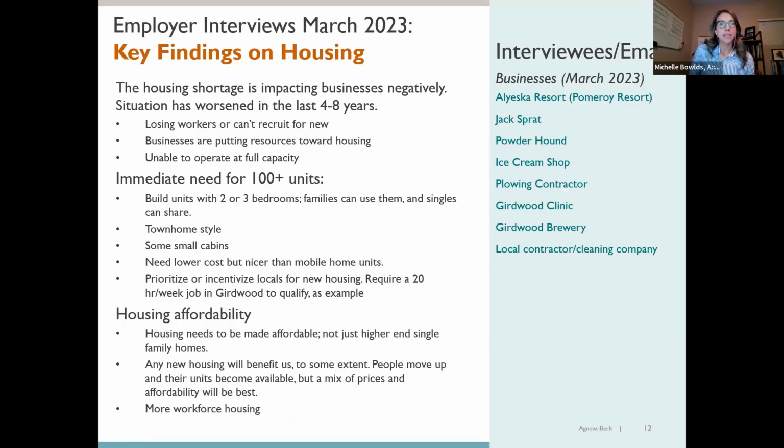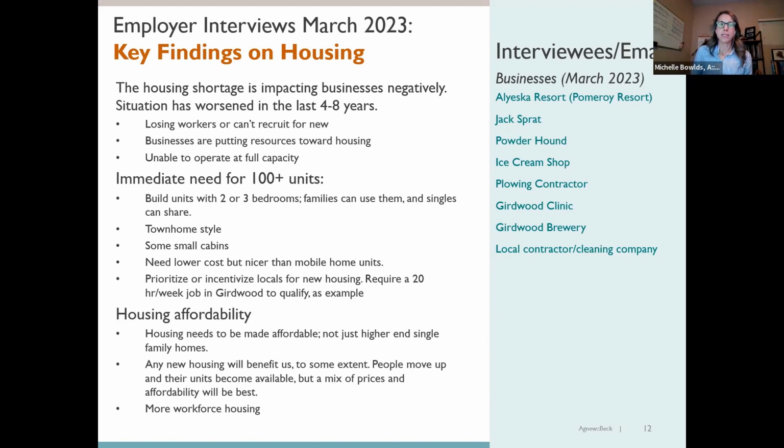We also conducted some employer interviews back in March as part of this effort. And this is a slide just summarizing some of the key topic areas and findings that we came away from those interviews with. One of the main findings was that there is a housing shortage and it is impacting big businesses negatively in Girdwood. We also heard that the situation has been getting worse in the last 4 to 8 years.